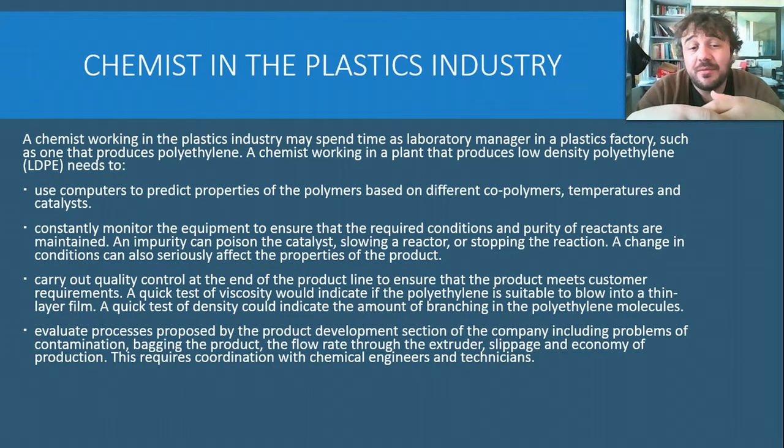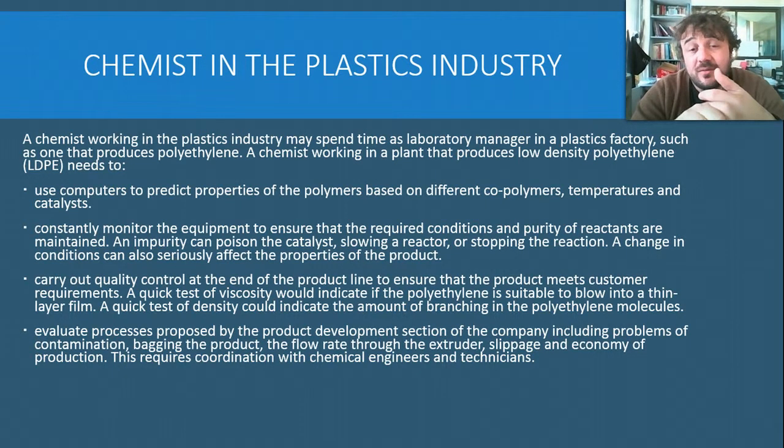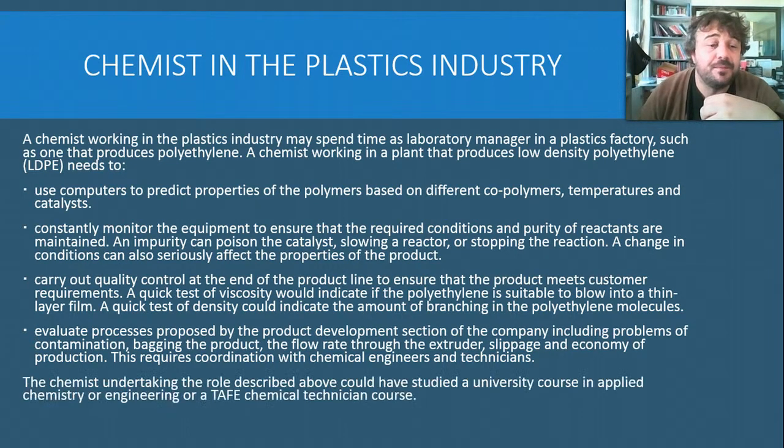You also want to evaluate the process and work out whether or not we're having contamination issues, whether the product we're getting at the end is what we need it to be. Okay, so we also want to know if we're making it in the most efficient way possible. Is there a way to make it more efficient, thus increasing the profits for the company that we're working for?